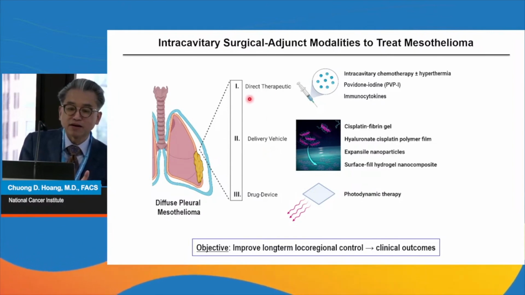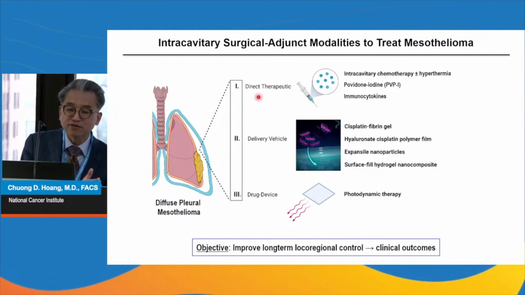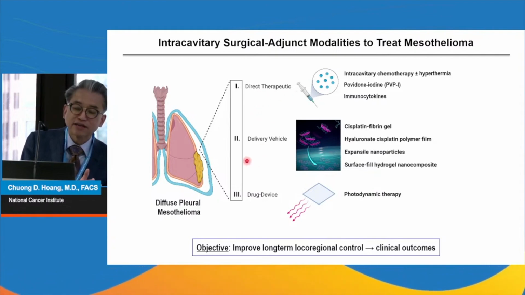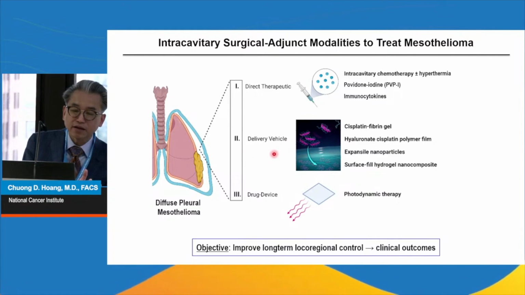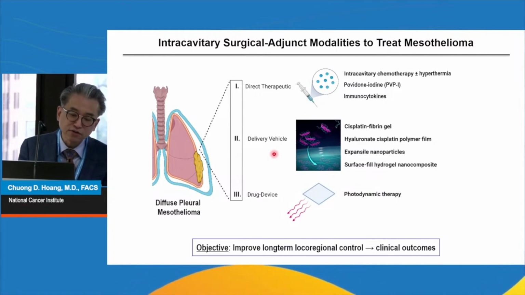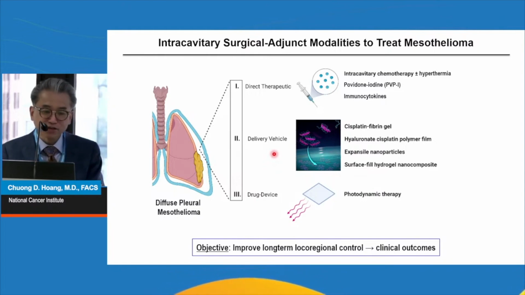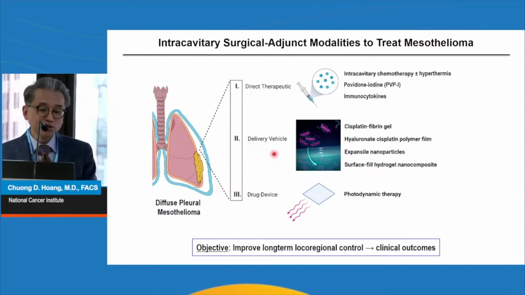They are adjuvants that involve installation of direct therapeutics. There's a class of agents that rely on a novel type of delivery vehicle to get either a drug or a brand new kind of anti-cancer agent to the place where we want it to go, and this is the cancer cell in particular.